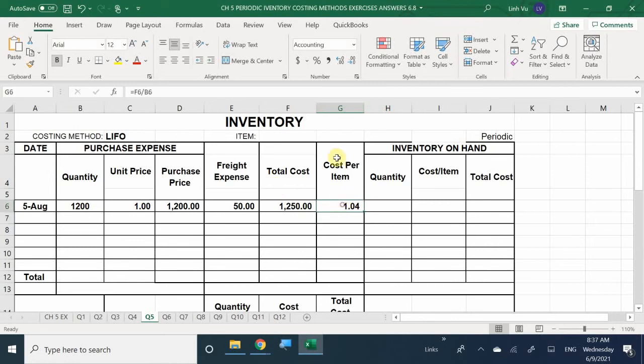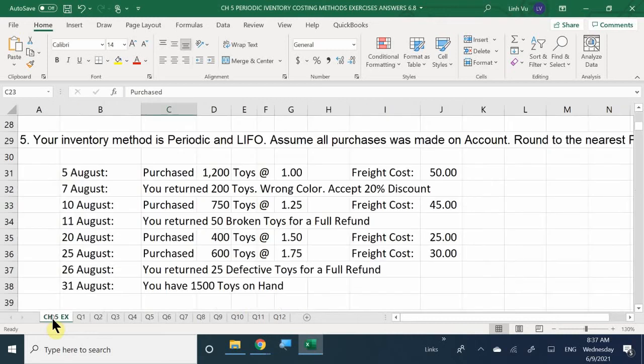This one is an unrounded number. So good. Then what happened next? August 10, you bought 750 at $1.25 with a $45 freight expense.